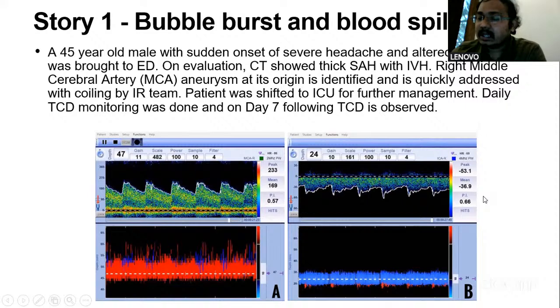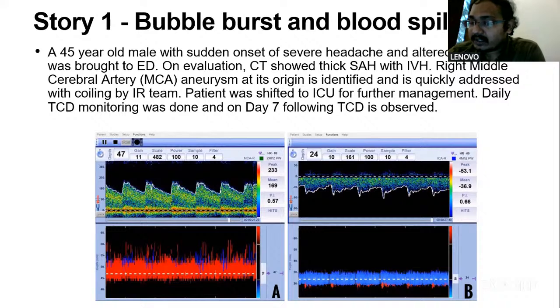So we all know that whenever we would like to look at vasospasm in MCA territory, we would like to look at the Lindegaard ratio. Now, how do we calculate the Lindegaard ratio? It is basically the mean flow velocity of the ipsilateral MCA, which is 169 here, divided by the mean flow velocity of the ipsilateral extracranial internal carotid artery, which is 36.9.